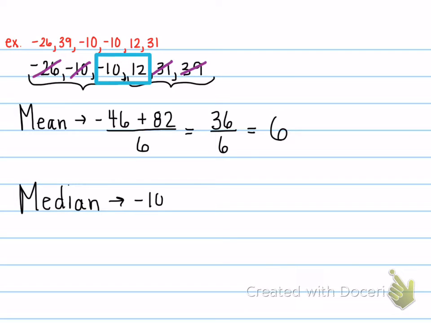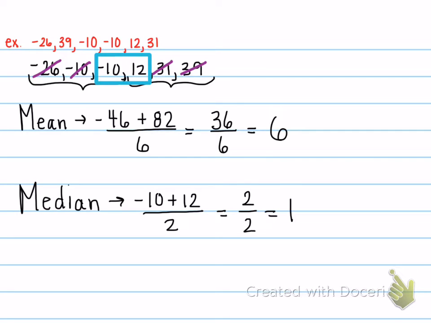So I take negative 10 plus 12, and I'm going to divide by 2 because I'm basically finding the average of those 2 numbers. I know that negative 10 plus 12 is 2 because when you add numbers with different signs, you subtract and give the sign of what you have more of. And 2 over 2 is 1. So the middle of negative 10 and 12 is the number 1.